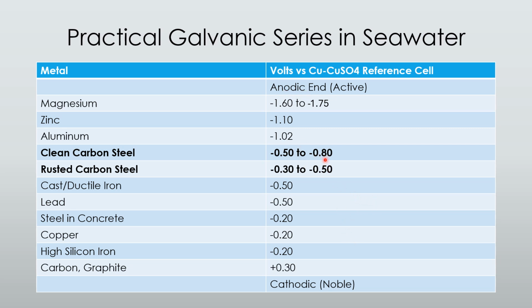So that's the number that we're going to have to hit in order to create the potential differences to stop occurring from our anode. So if our cathode is negative 850 and our anode is negative 850, then we can't have any flow, so we don't have any corrosion.